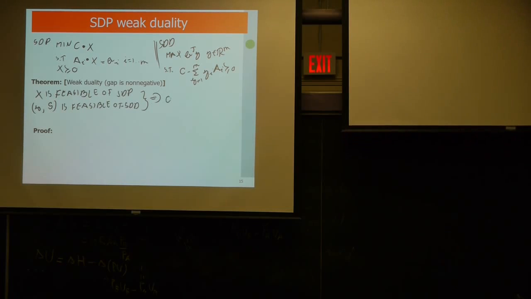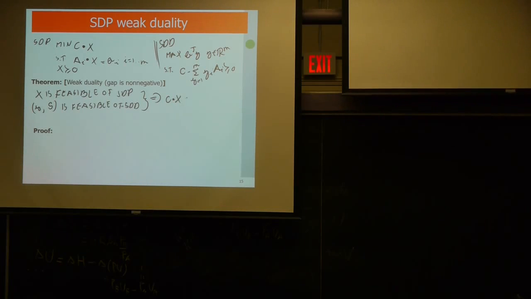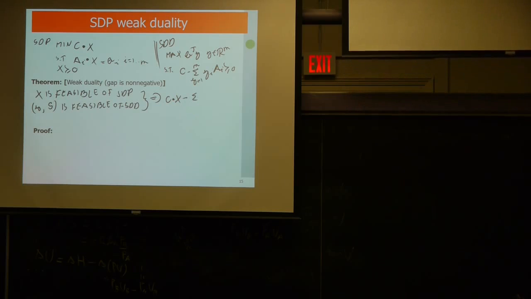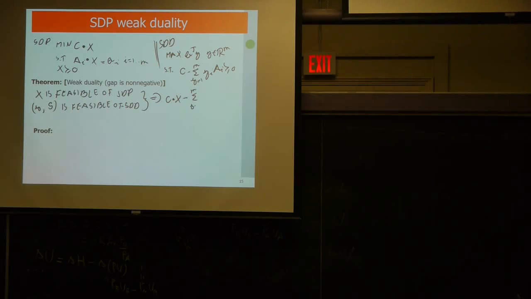Then the duality gap, C X minus the dual objective, is non-negative.